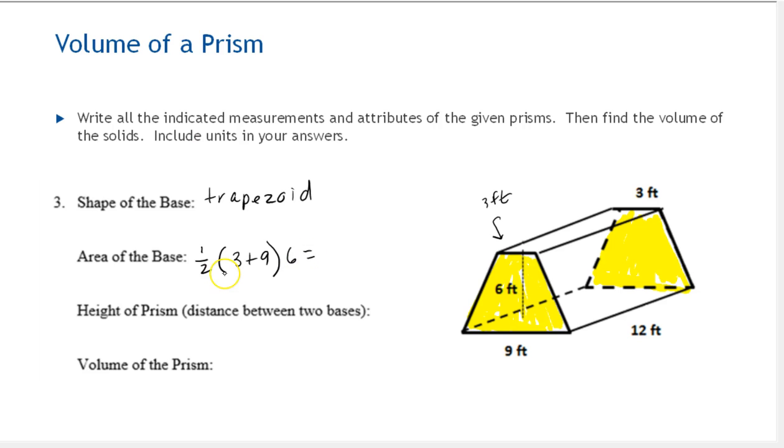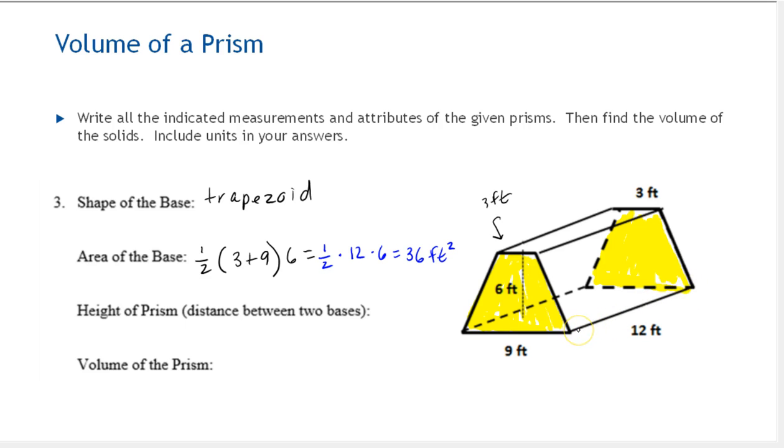Okay. So now we can multiply this. First we'll do the parentheses, 1/2 times 12 times 6. 1/2 times 12 is 6. 6 times 6 is 36. And this is an area, so it is feet squared. Now the height of the prism, or the distance between the two bases, well, here's one base, there's the other.